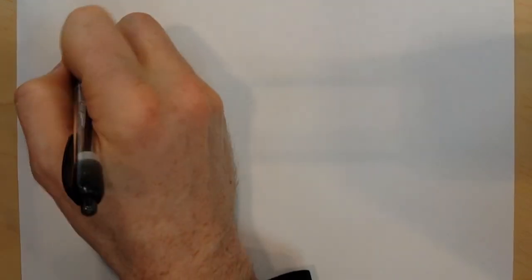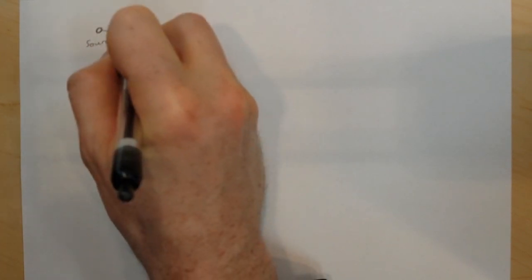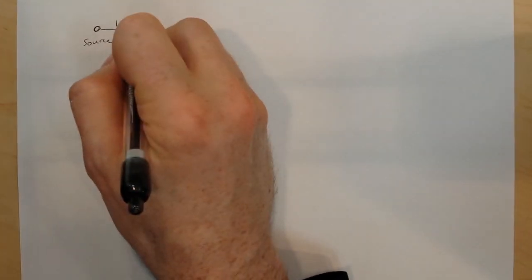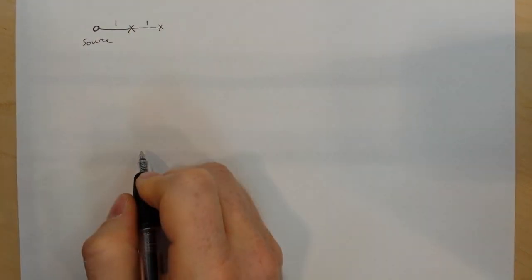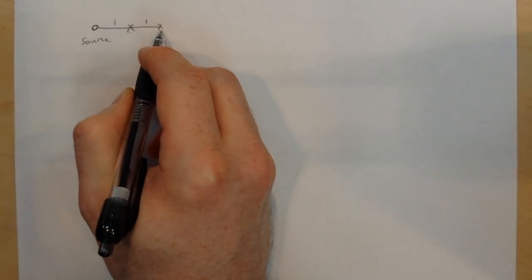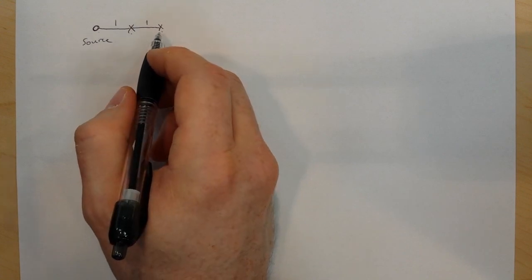If I have, we'll call this my source, and I am 1 unit back from my source. Okay, that's my starting position. If I take 1 unit move back, using the inverse square law, I have decreased my intensity by doubling my distance, right?